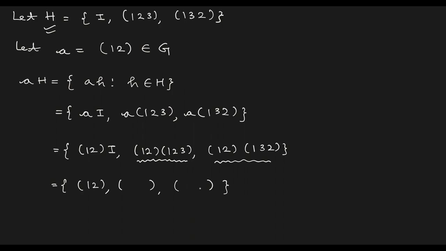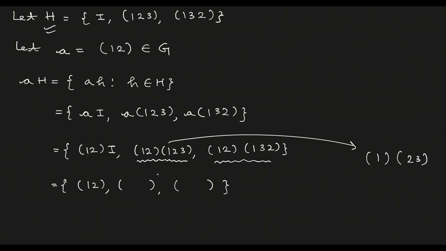One three. (1 3) for which one? First one, (1 2) and (1 2 3). 1 goes to 2, 2 goes to 1. 3 goes to 3.